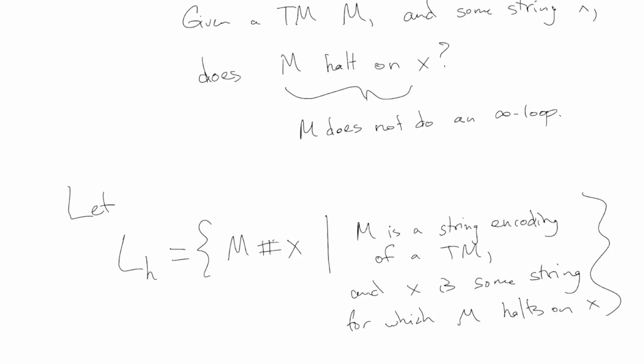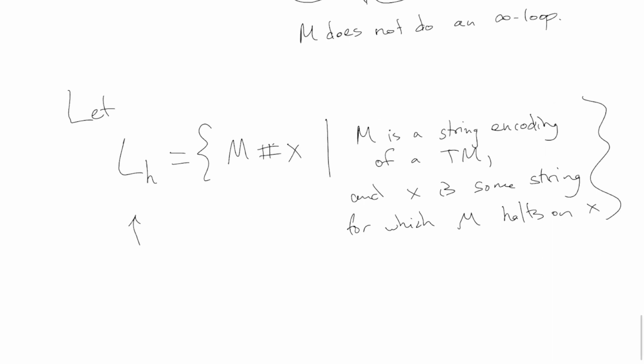So I will refer to this as the language of the halting problem. It is a language consisting of, this says, a string encoding of a Turing machine. What I mean by that is you take a full Turing machine and somehow change it into a string.